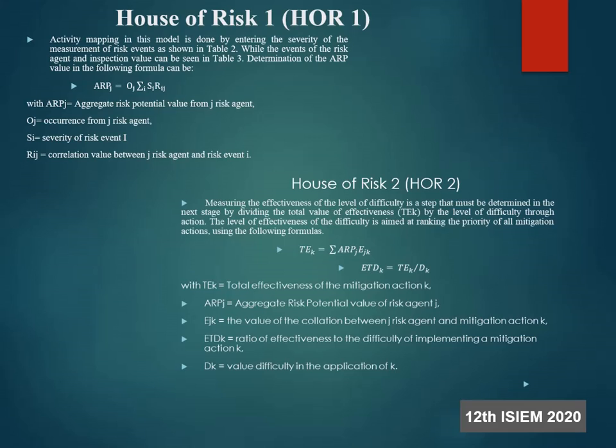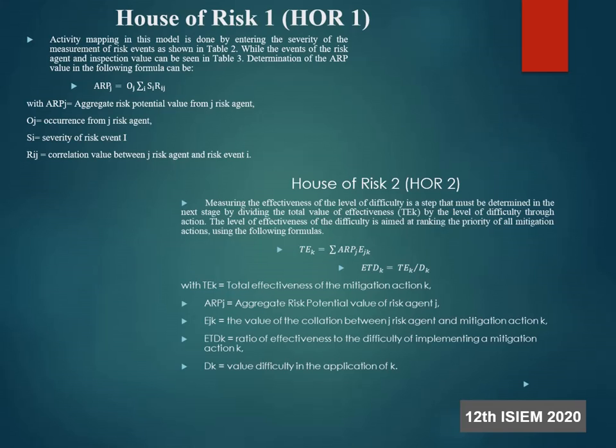The ARP value is determined using the following formula, where ARP is the aggregate risk potential value of the risk agent.